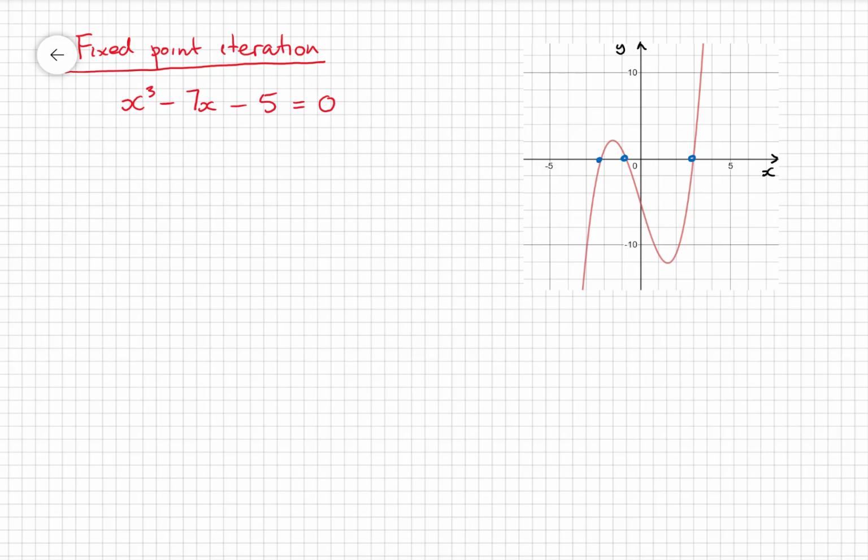And using Newton-Raphson in the previous video, we have found that the solutions are that x is equal to minus 2.166, or x is equal to minus 0.783, or x is equal to 2.949, all correct to 3 decimal places.